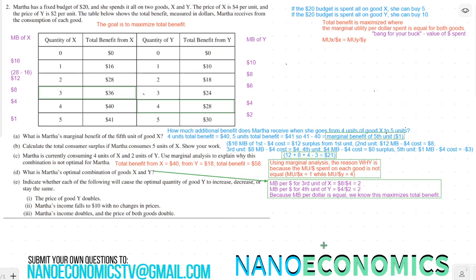And then for E, indicate whether each of the following will cause the optimal quantity of good Y to increase, decrease, or stay the same.